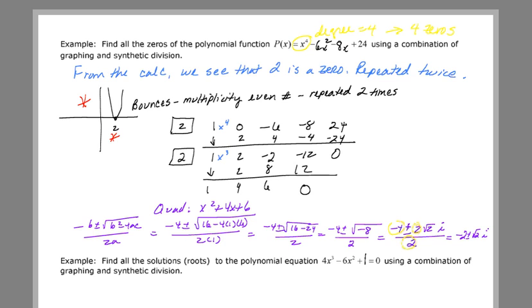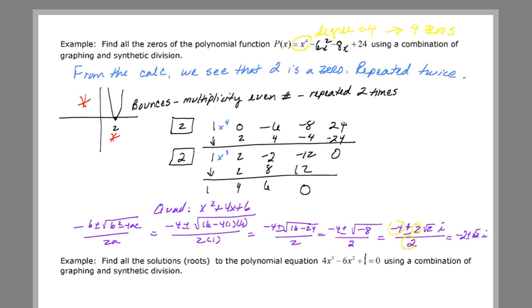A note here, these 2 are imaginary. We would have never found those on the calculator. The calculator will only give us real zeros. Another thing is, anytime you have imaginary zeros, they will always occur in pairs because they will come from the quadratic formula, and when you use the quadratic formula you always get conjugate pairs.